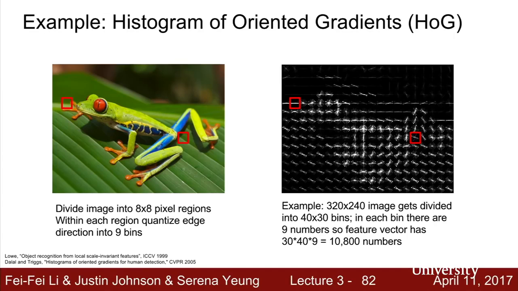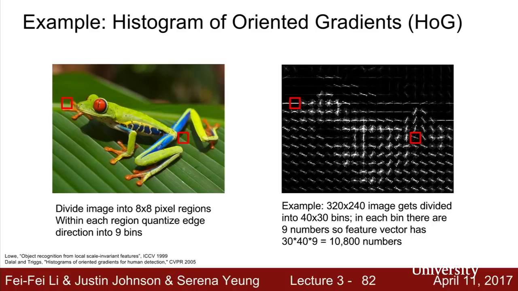Another common feature vector that we saw before the dominance of neural networks was the histogram of oriented gradients. Remember from the first lecture that Hubel and Wiesel found that these oriented edges are really important in the human visual system. This histogram of oriented gradients feature representation tries to capture the same intuition and measure the local orientation of edges on the image.